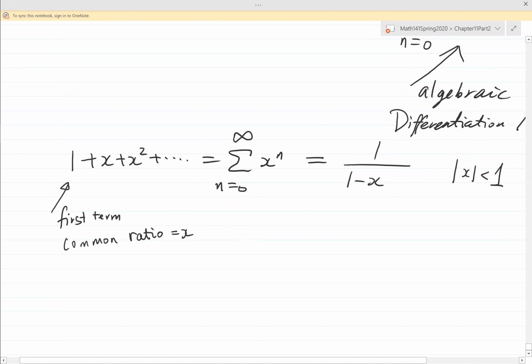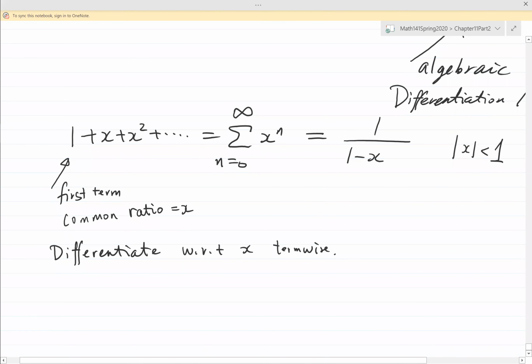Now we can do many algebraic manipulations of this. For instance, if we differentiate, we did it actually last time several times, differentiate with respect to x, term-wise. In general we cannot, but in this course we just assume we can do term-wise integration and term-wise differentiation.